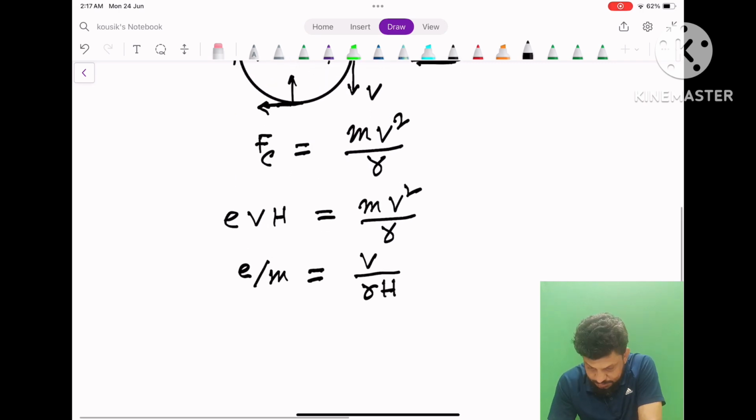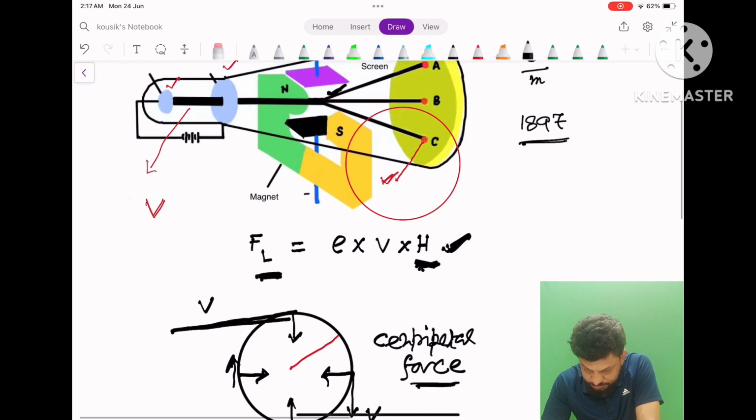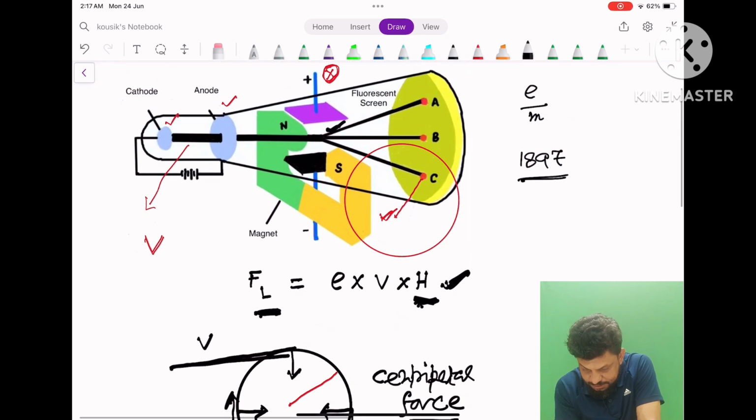If we look at this picture, here the voltage applied is V. The electron is accelerated and potential energy is converted to kinetic energy.